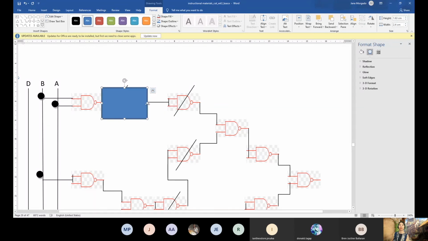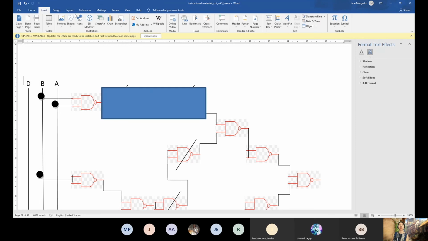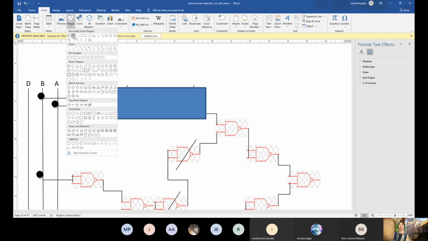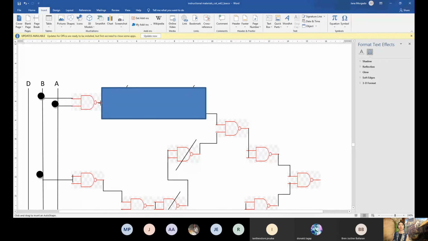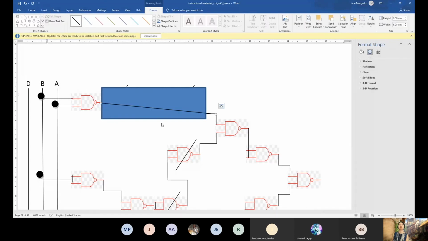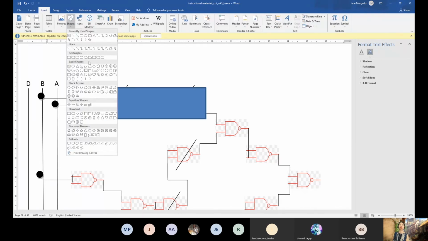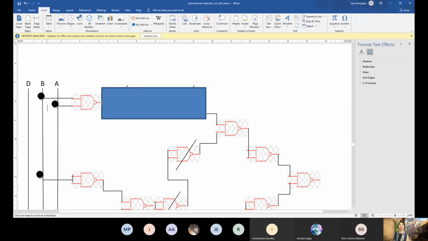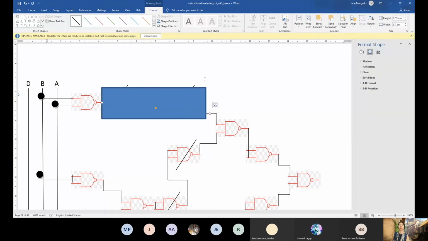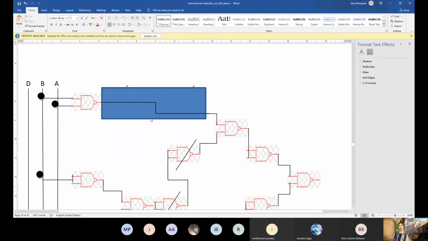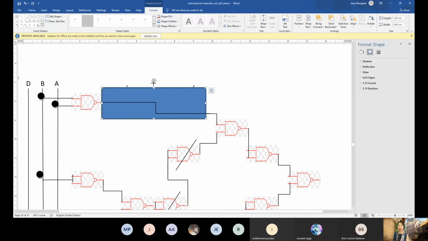Also this one. Just simply remove the canceled inverters and then you connect this with here. Just like that. That's what will happen.